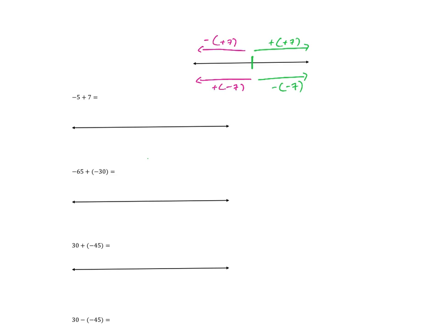Now, what I did teach you was we can take everything and make it addition. If we rewrite things as addition, it makes our life a little more simple, because then all we need to remember is that if we add a positive 7, we go to the right, and if we add a negative 7, we go to the left.